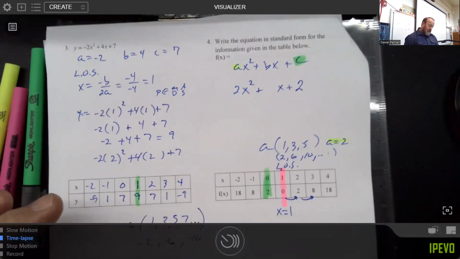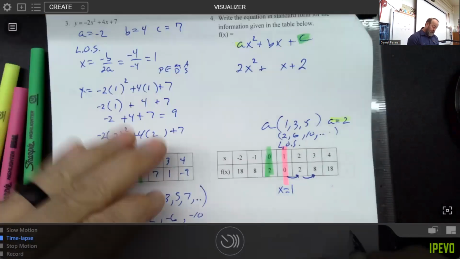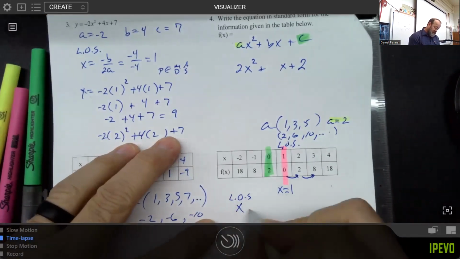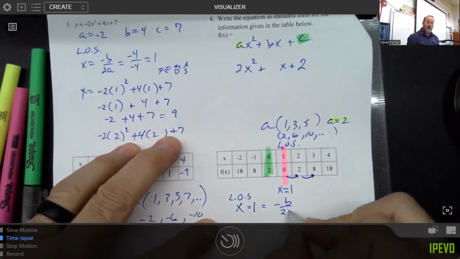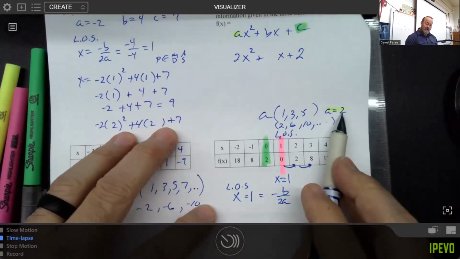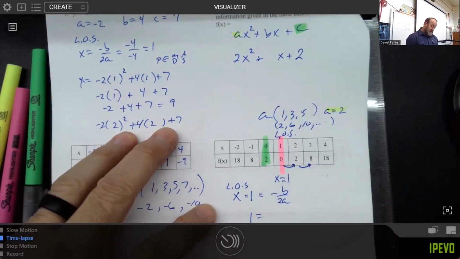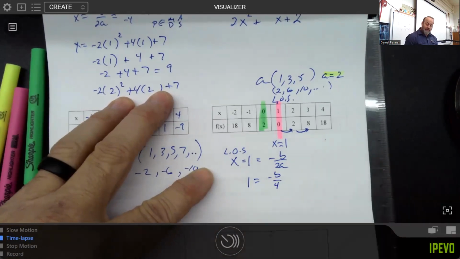But we know what we need to have because we also have a little formula that the line of symmetry, which is x equals 1, is supposed to be the opposite of b over 2a. Well, we already determined that a is the number 2. So somehow the number 1, my line of symmetry, has to be the opposite of b over 4.